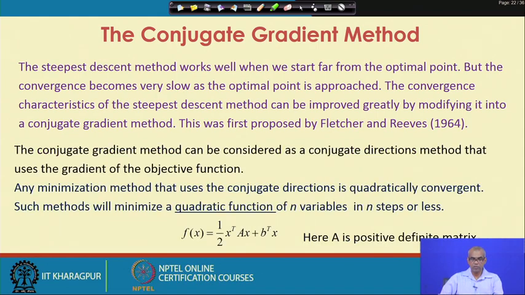The conjugate gradient method can be considered as a conjugate directions method that uses the gradient of the objective function. Any minimization method that uses conjugate directions is quadratically convergent. Such methods will minimize a quadratic function of n variables in n steps or less.